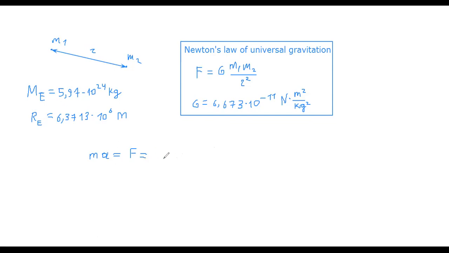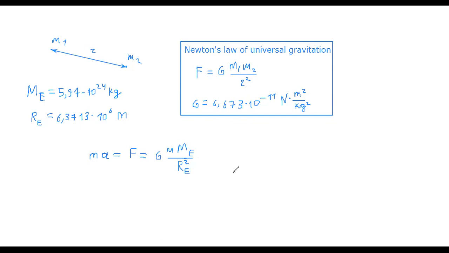And we have according to the Newton's law of universal gravitation, G M E divided by R E in second exponent.